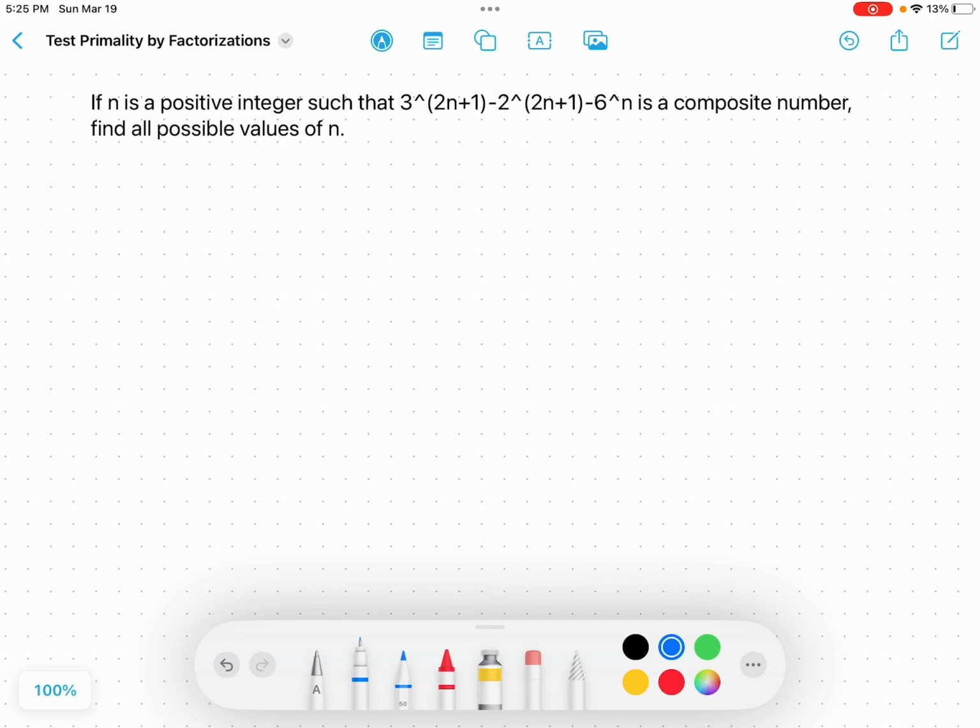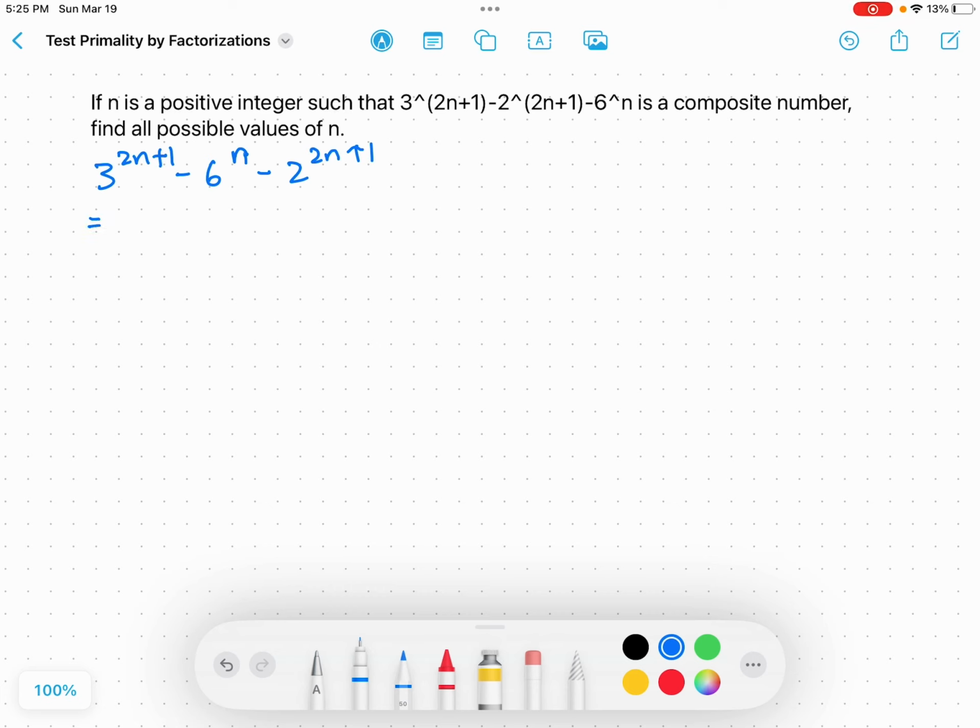This is going to be the simplest part. 3 to the power of 2n plus 1 minus 6 to the power of n minus 2 to the power of 2n plus 1.